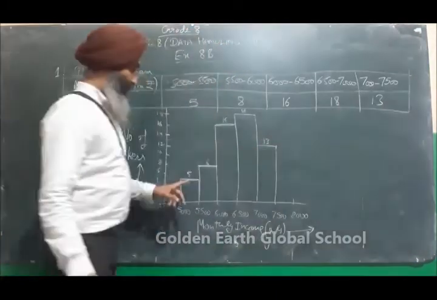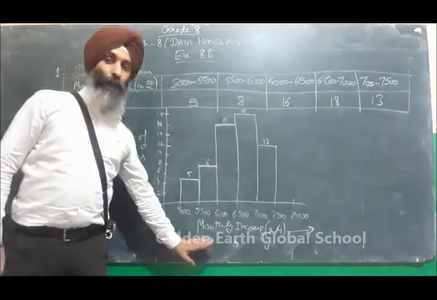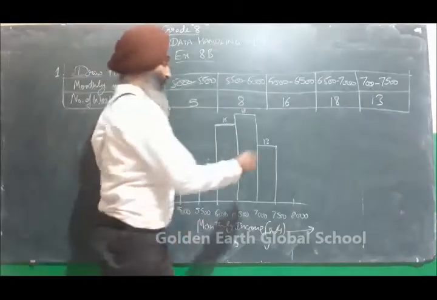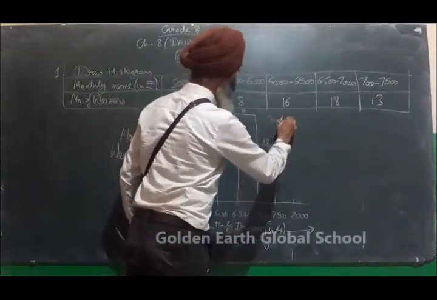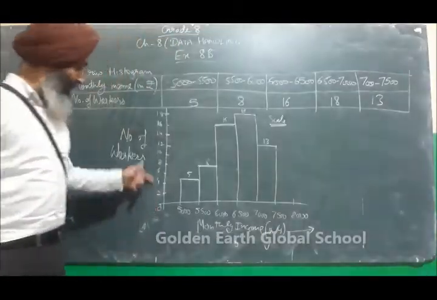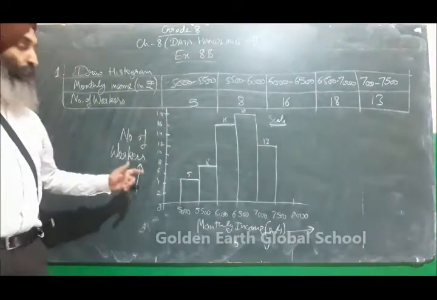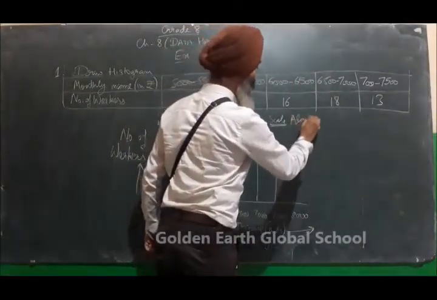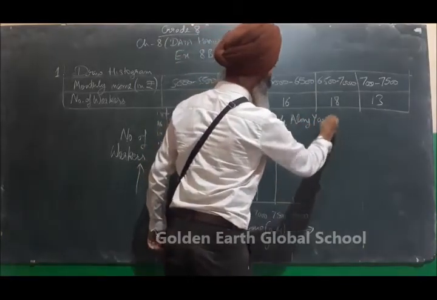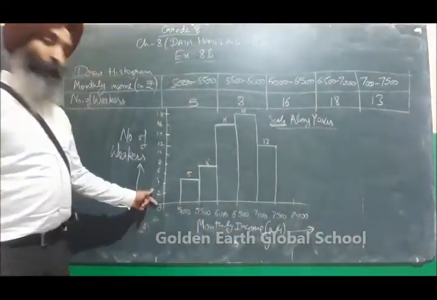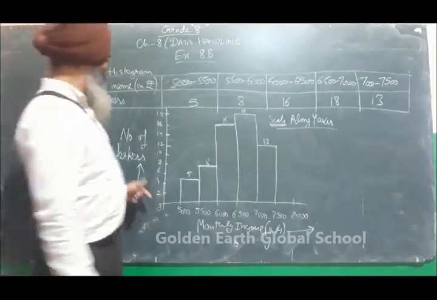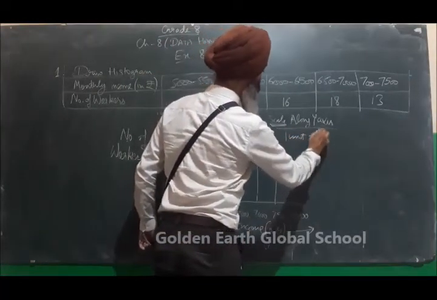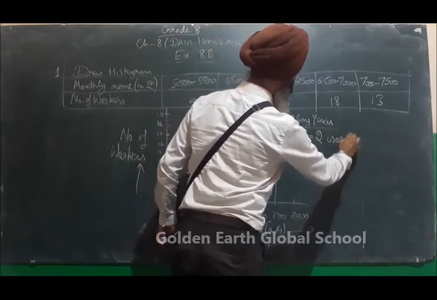And you have to mention the x-axis, y-axis, each and everything, and last but not the least, the scale. Scale means whatever scale you have used. So the scale along the y-axis is 1 unit equal to 2 workers.